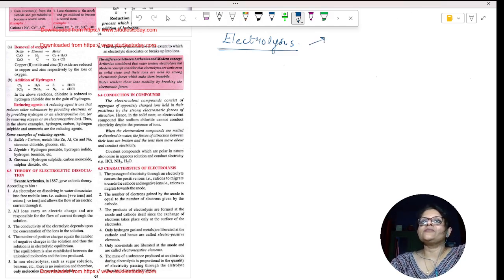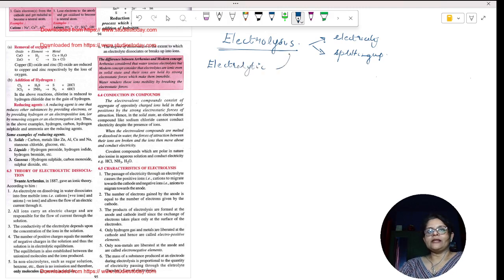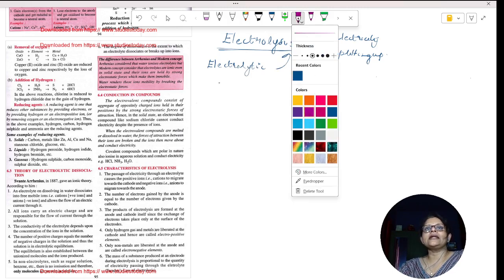Electro means something which is related to electricity, and lysis means splitting up or breaking up. Okay, and we have learned about electrolytic cells. It is the place where electrolysis happens, right?